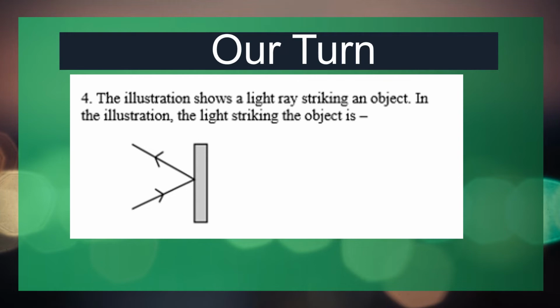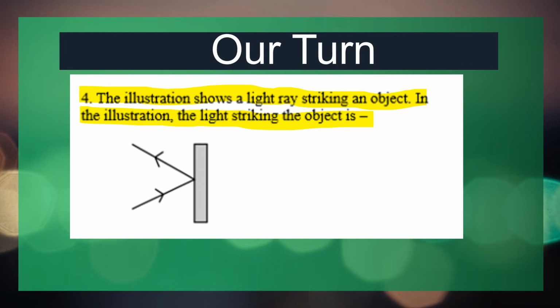The first thing I do is read the question to myself. The illustration shows the light ray striking an object. In the illustration, the light striking the object is... The first thing I do is underline or highlight the question, because this is what I need to answer. After I highlight my question, I will think of keywords that will help me answer my question.